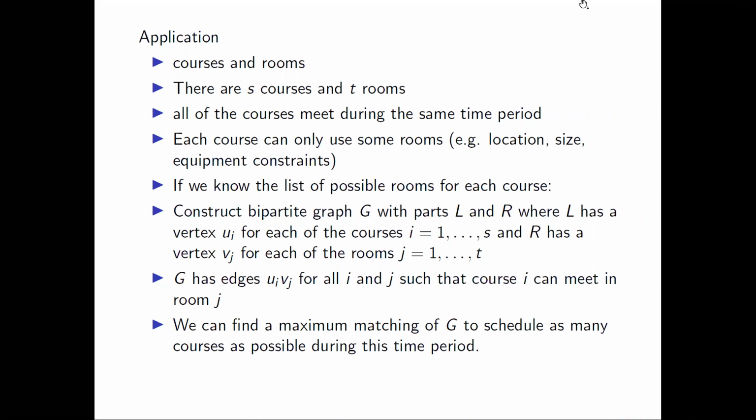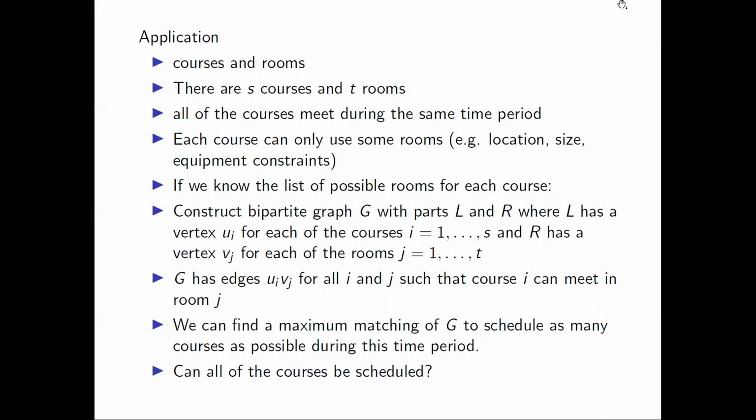But a natural question that we might want to ask is, is it possible to schedule all of the courses? And we might want to have some kind of criterion to determine, given these courses, given these rooms, given the subsets of rooms that each course can be placed in, can we say if it's possible to schedule all the courses during this time period?